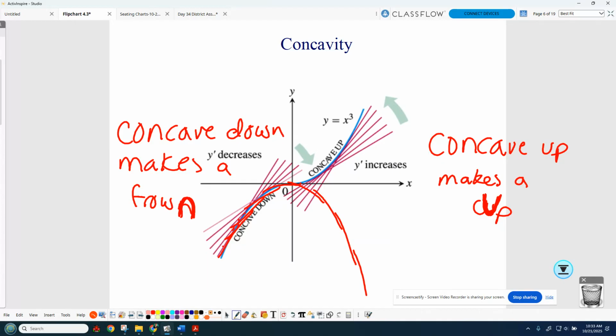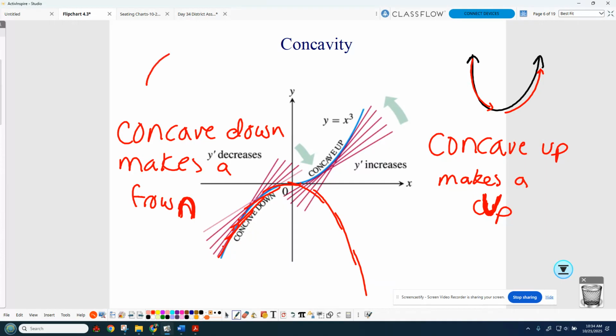Couldn't it still be concave up even if it's negative, if it's something like a negative square root graph where it's negative but it's fractional? Okay, so here's the thing. Here's concave up. I can have a function that's concave up that has a negative slope or positive slope, but the whole time that curviness is up.